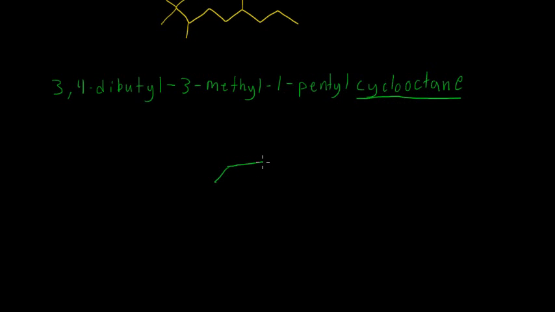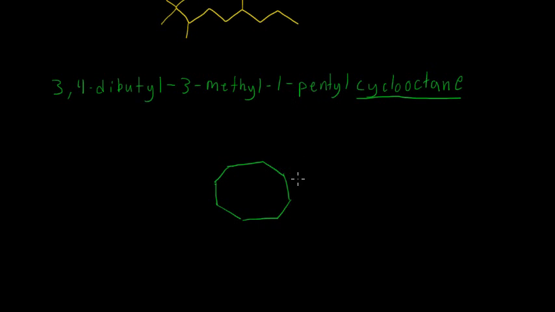So there's 1, 2, 3, 4, 5, 6, 7, and 8, and then the extra bond to form the ring. So there is the cyclooctane, and then we can pretty much pick any carbon to be our first carbon and then just start adding all of these.